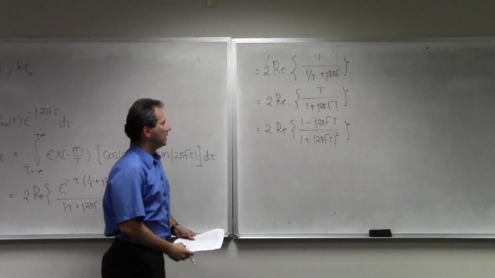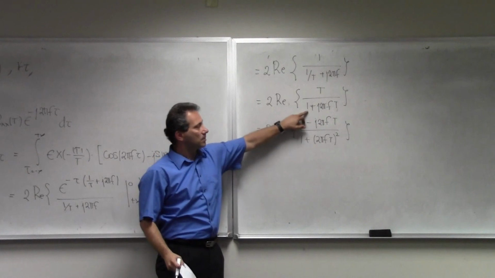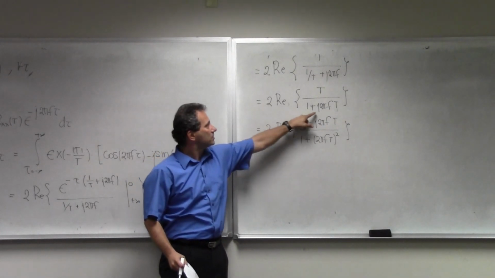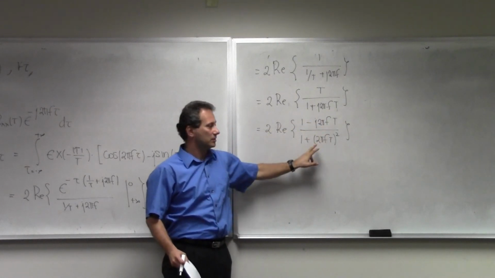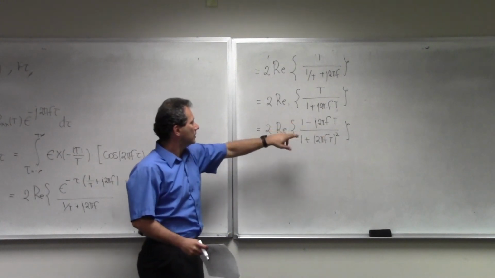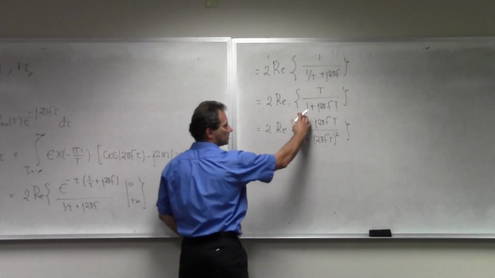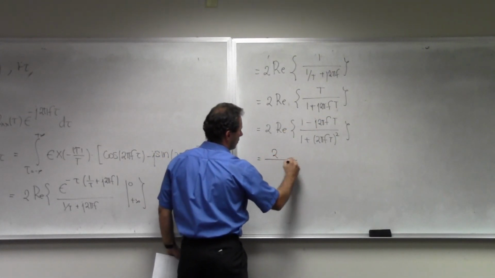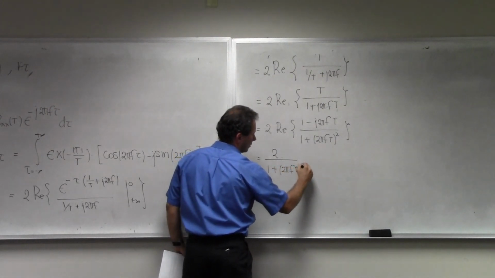If you multiply the bottom by the complex conjugate, you get the magnitude squared: 1 plus j 2 pi f T times 1 minus j 2 pi f T, so this is 1 plus 2 pi f T quantity squared. Then you take the real part; this is real, this is imaginary, so the answer is 2T over 1 plus 2 pi f T quantity squared.